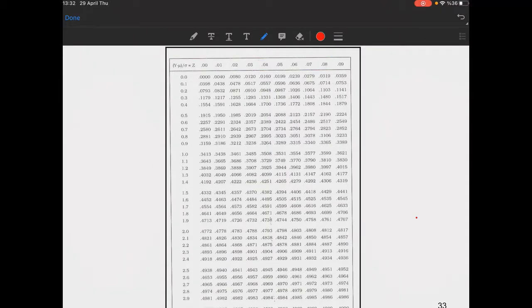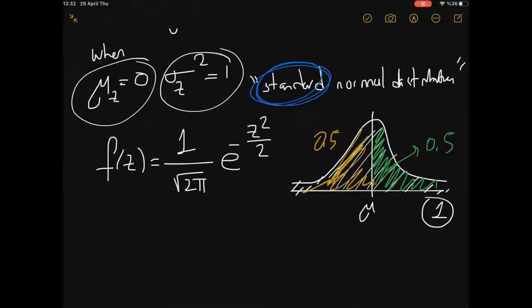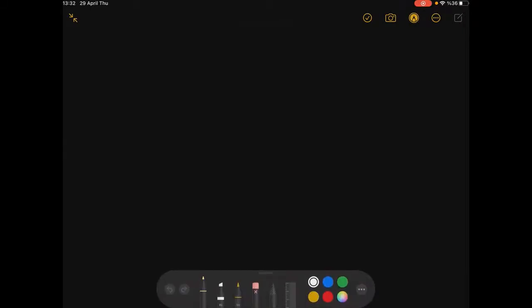Now let's take a look at how we can use this table, or how we can make these calculations. I mean, let's make some exercises with our standard distribution table together. These are the examples taken from our textbook. Okay.